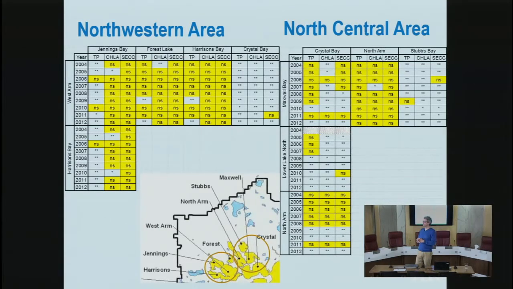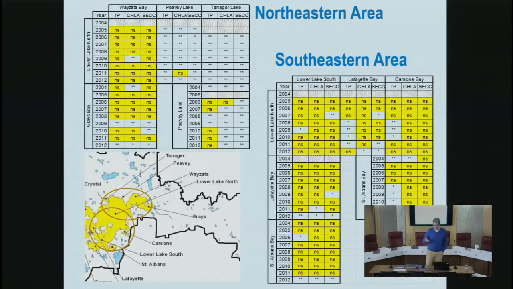So, in a sense, it's showing that Maxwell and North Arm are quite alike, and that's shown here because they're not significant. If you see the yellow, it means those two bays are a lot alike, at least statistically. So again, there's an opportunity to, say, reduce sampling frequency for one or two of those bays.